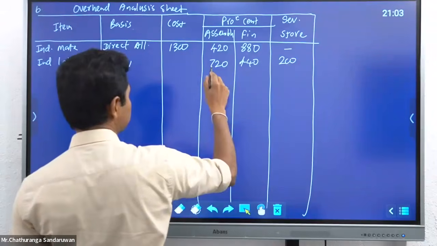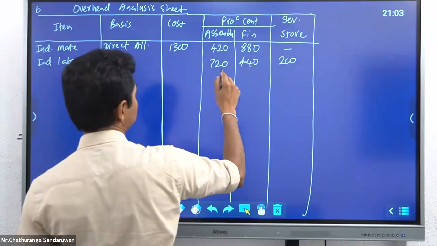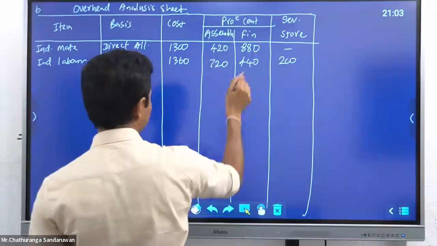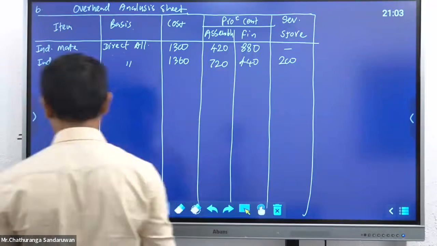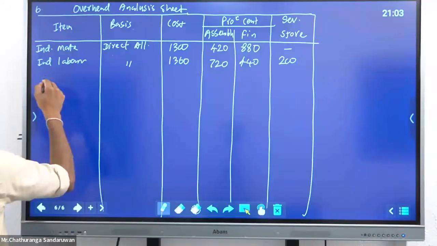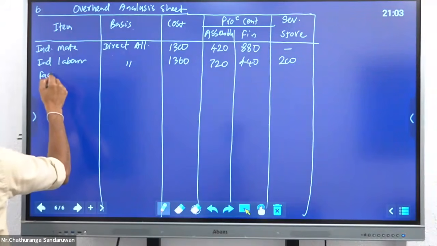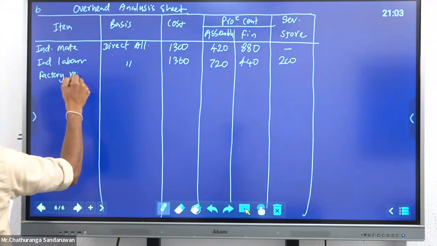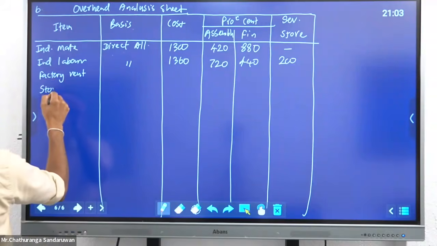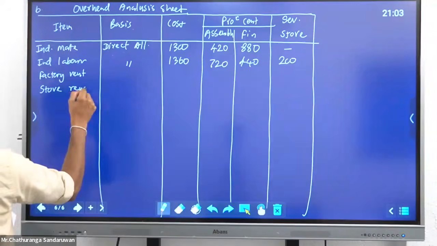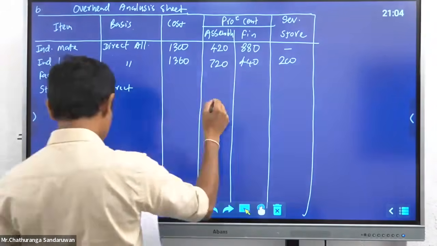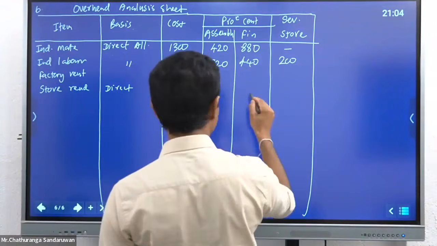So altogether 1360, right? And then we can take the rent, factory rent, and also we are given the store rent, right? So that is direct. We can take that to the stores, that is 60.